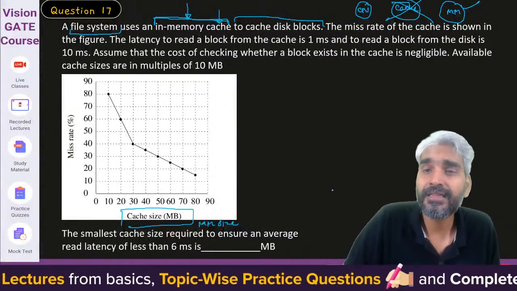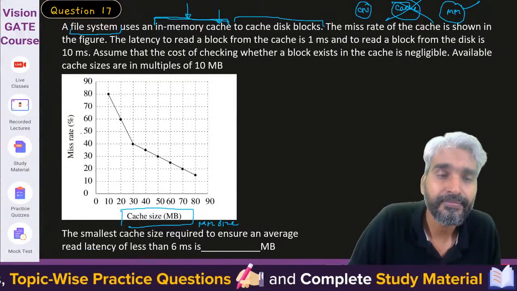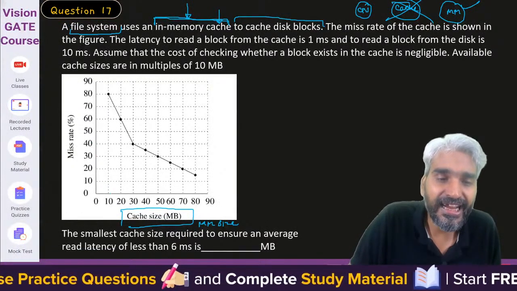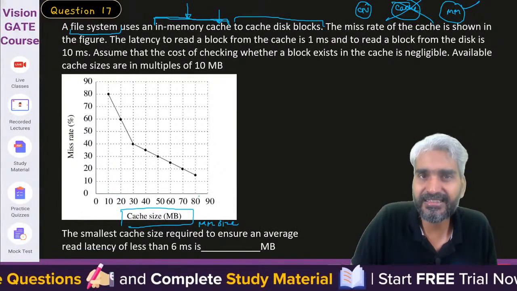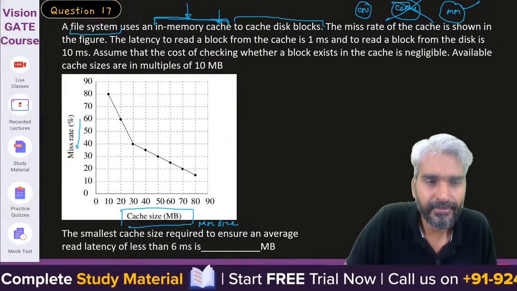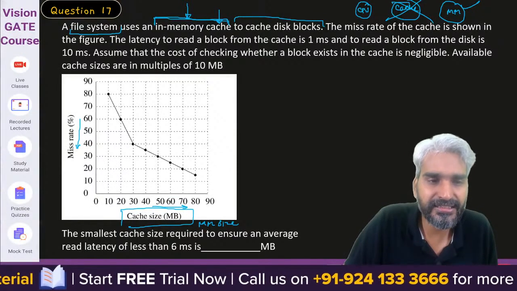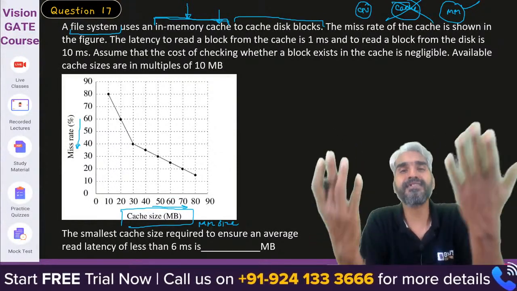Now it says the miss rate of the cache is shown in the figure. It says that as the cache size increases, miss rate is decreasing, and it means hit rate is increasing.